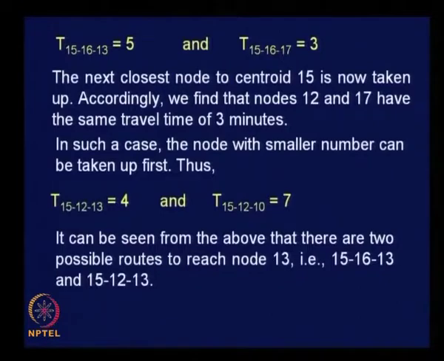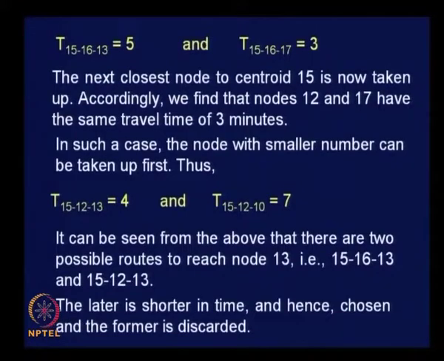Clear? That means 16, 13 is not the link which is going to form the minimum path tree, isn't it? The latter is shorter in time and hence chosen, and the former is discarded. The latter is 15, 12, 13 and the former is 15, 16, 13.